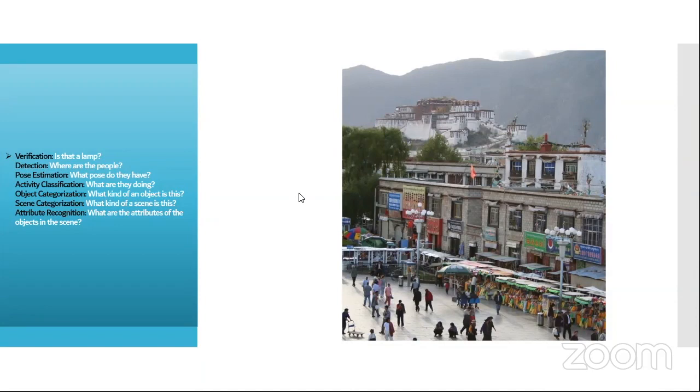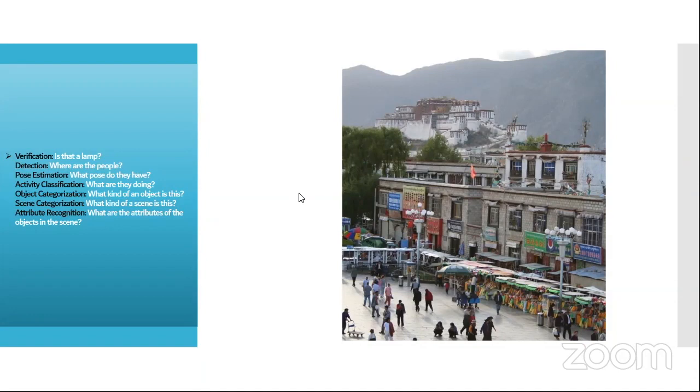Then object categorization: in this one image we have multiple objects like a table lamp, umbrella, flags, multiple people, and a trolley. Then scene categorization, where you can say this belongs to a hill station, because we see some hills in the background.